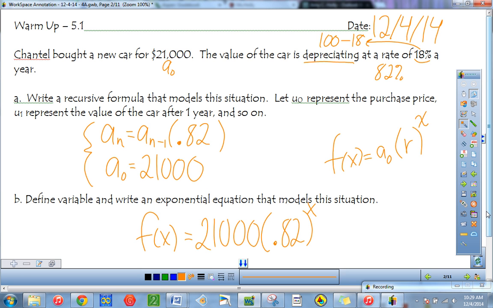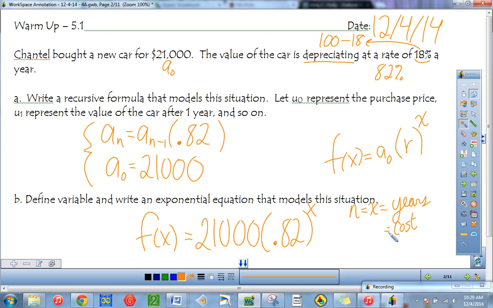Oh, very good. Anything ever go where the x is? When we solve for something, it will. So check this out. What does x stand for? n. What is it in context of the problem? What two things are we comparing? Years and cost.